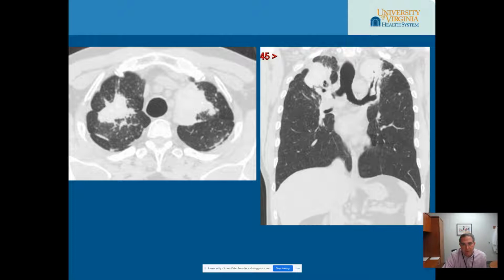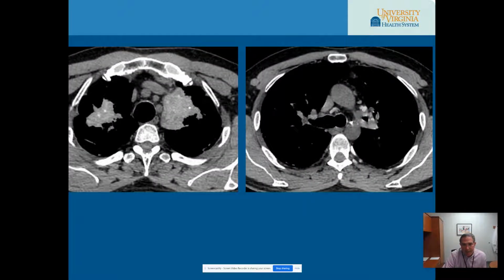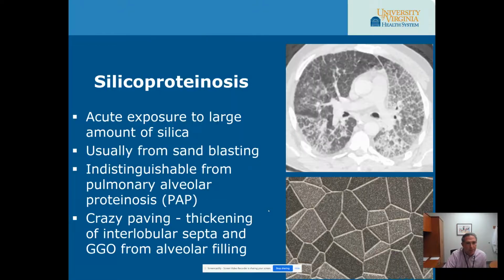And then you start to see how this chronic fibrotic process is really pulling things up and distorts the airway. That's your hint that this is something else. Also the high density within the lesions in the masses, and also the lymph nodes, should get you to the diagnosis of progressive massive fibrosis.